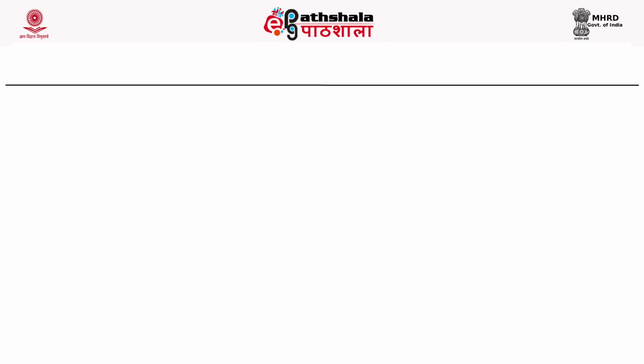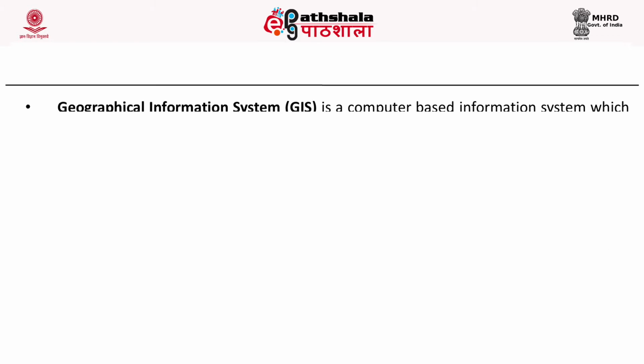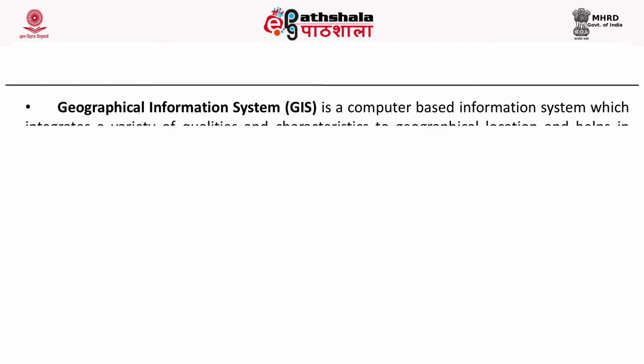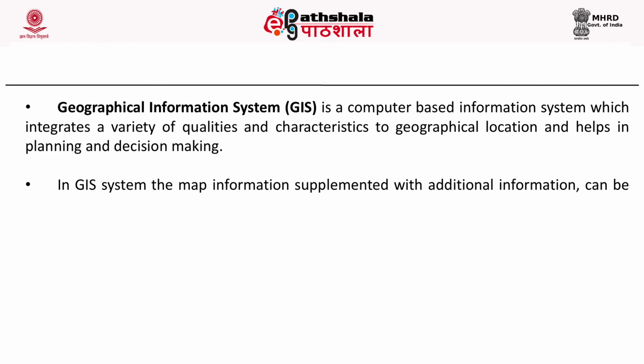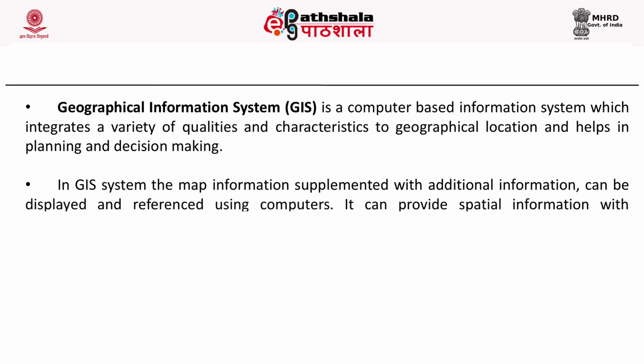Geographical Information System is a computer-based information system which integrates a variety of qualities and characteristics to geographical location and helps in planning and decision making. In GIS system, the map information supplemented with additional information can be displayed and referenced using computers.